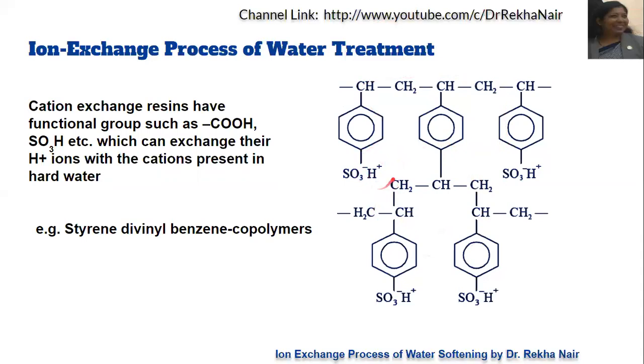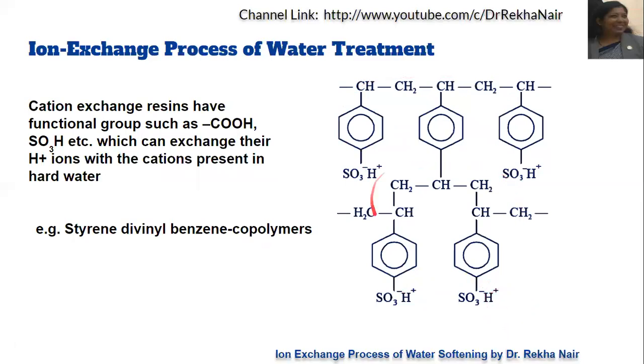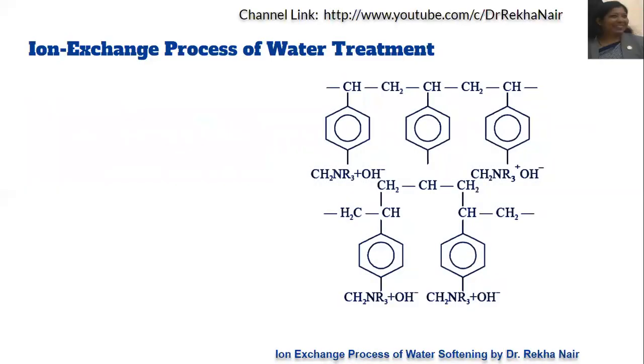This H plus will be replaced by calcium, magnesium ions. So the whole structure we represent in terms of RH plus, where H plus will be replaced with these cations.